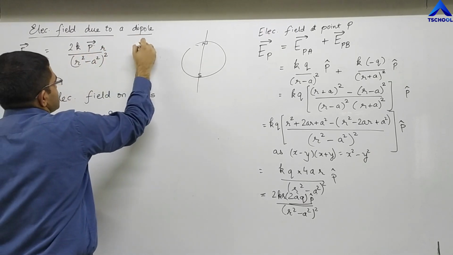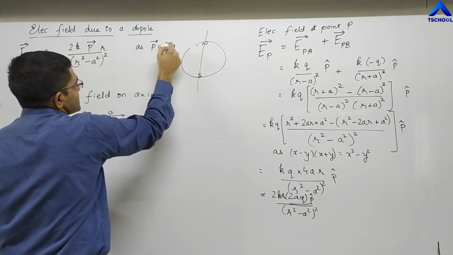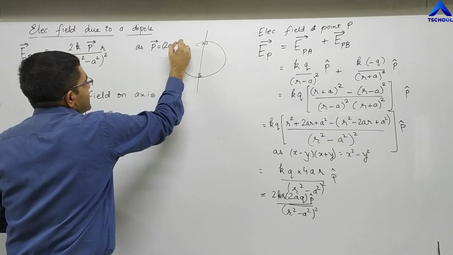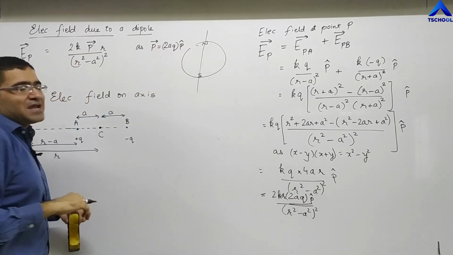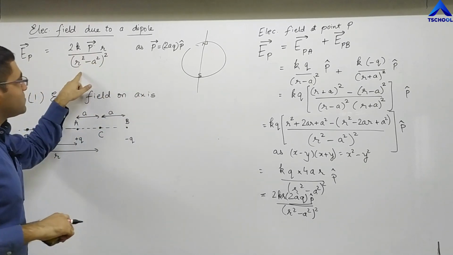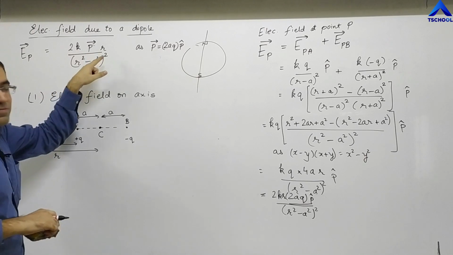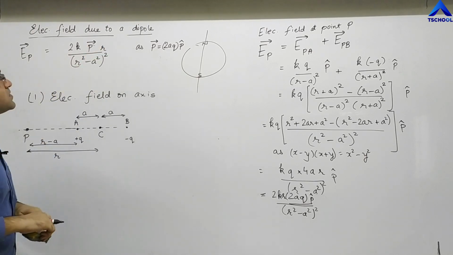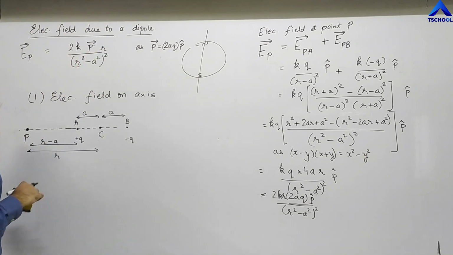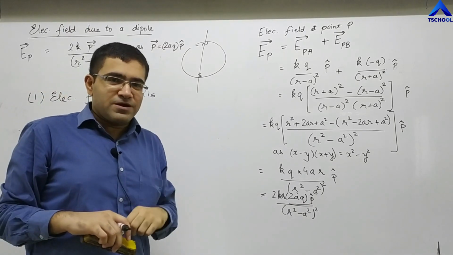So I can write P vector as 2AQ, that's the magnitude, and the direction P hat, right? I hope you have got that one very easily. So it is 2kP vector upon (R square minus A square) into R, right? Now that's the electric field on the axis of the electric dipole.